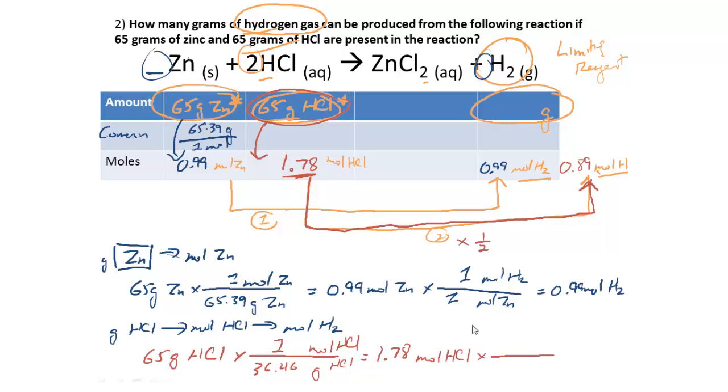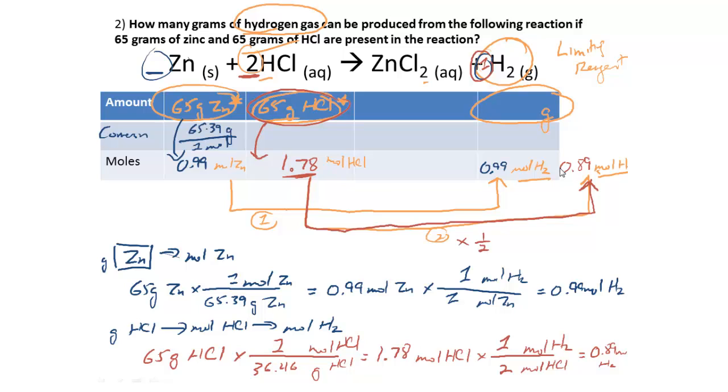And if you lay that calculation out, I know I need to cancel the moles of HCl. I know I'm going to the moles of H2, and I know that for every 2 moles of HCl I use, I create only 1 mole of H2, and so that's going to be 0.89 moles of H2.